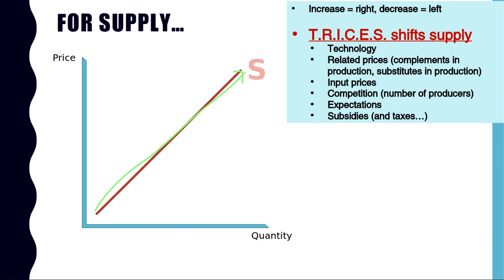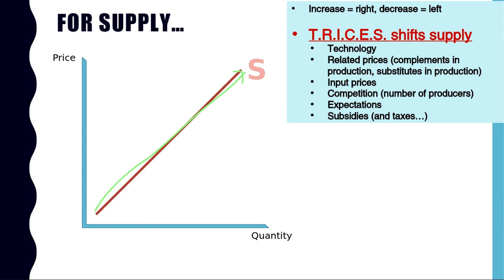When prices are high, they're going to be excited about providing to you the things that they're creating in their business. So trices is kind of the way to remember shifts in supply, and this is really production. Can I make the thing for cheaper, or is it more expensive? So something like technology.